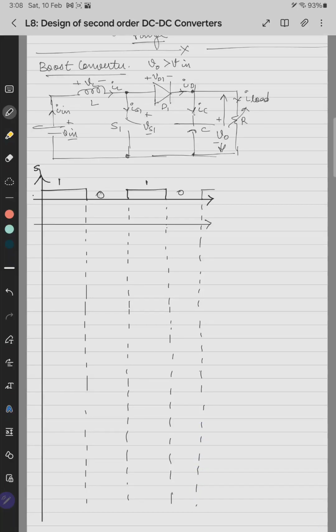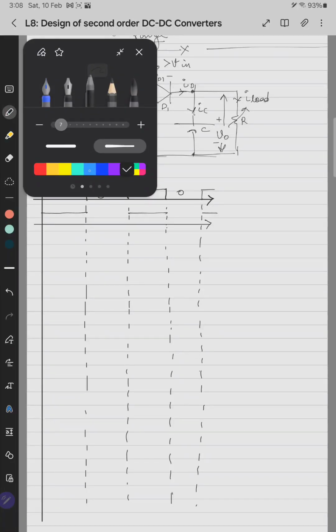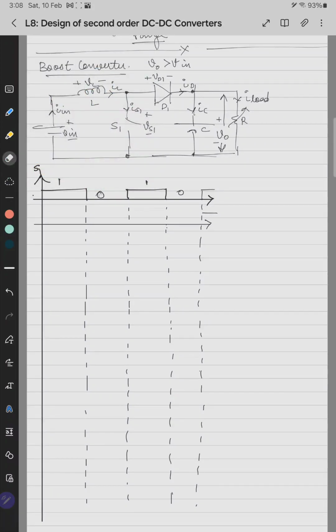So when the switch is on, the voltage across the inductor is V in.